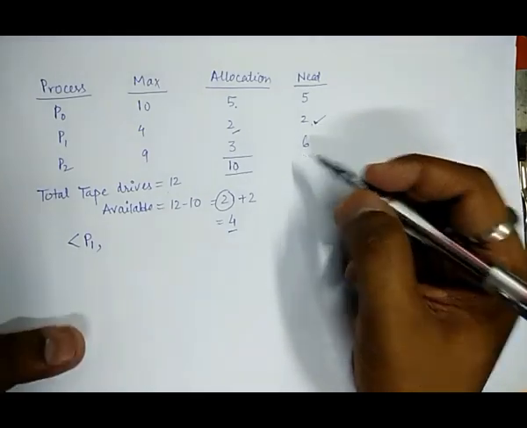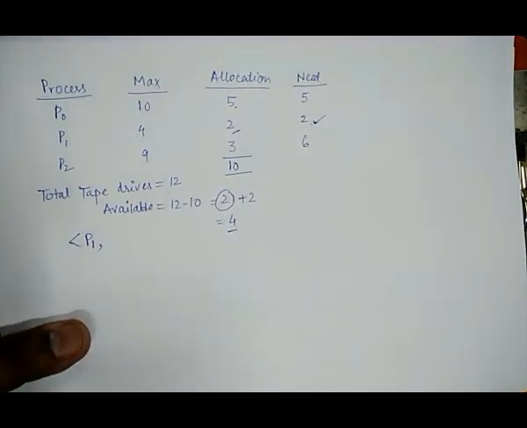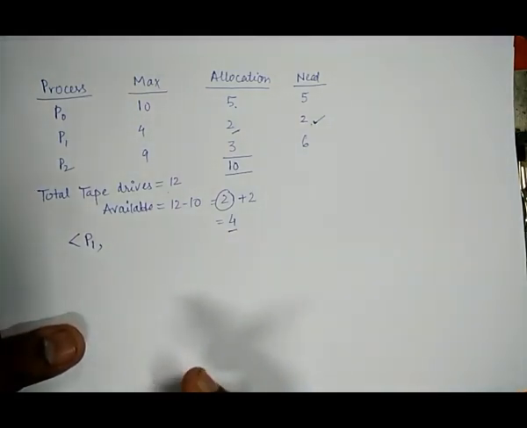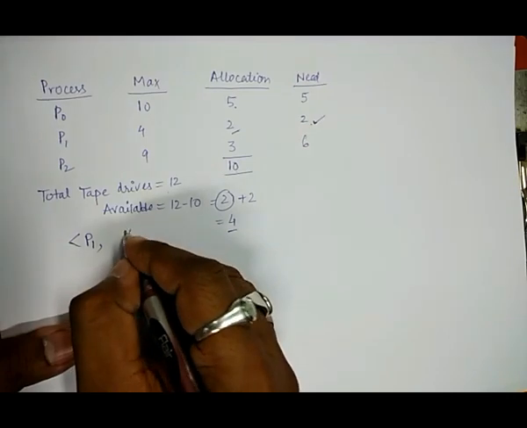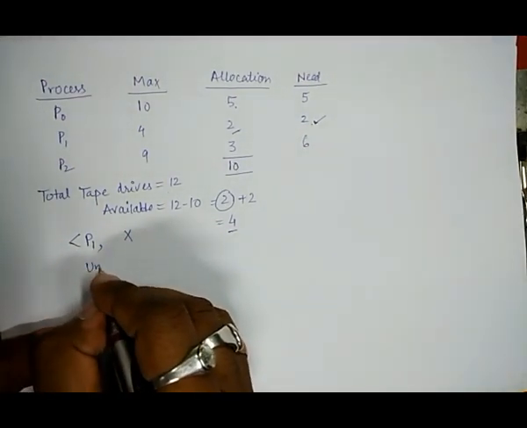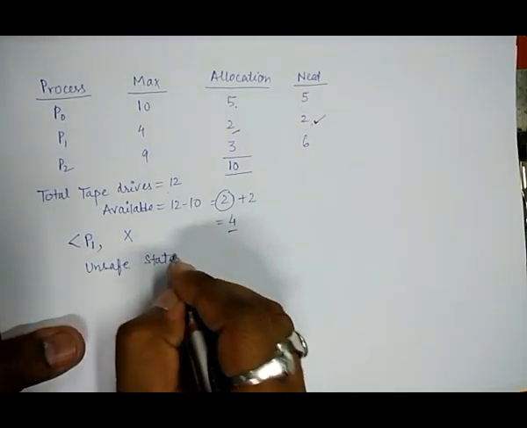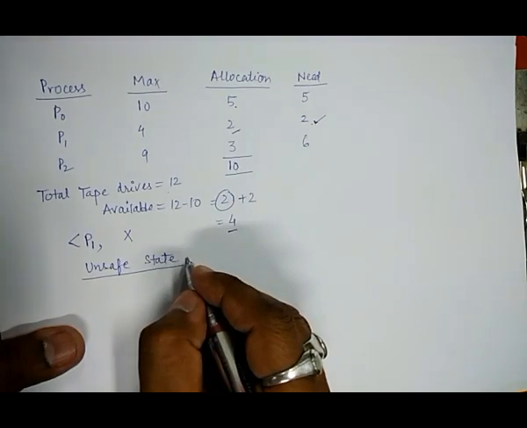Okay, so we are not getting any further safe sequence. So after P1 neither P0 will execute nor P2 will execute, so we are not getting any safe sequence. Okay, so the system is in unsafe state. So the system is getting into unsafe state.